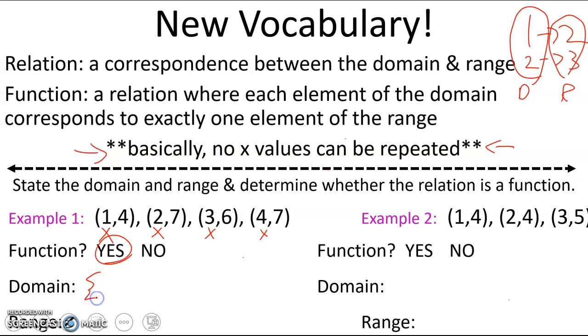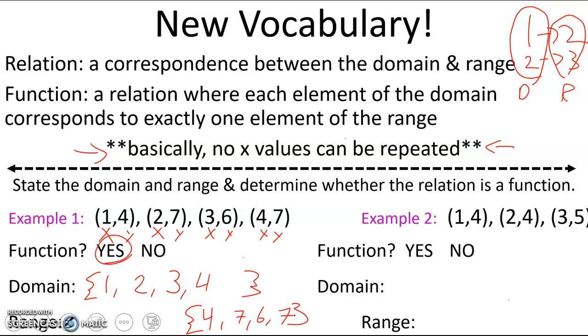Now for the domain, if it's all my possible x values, I'm just literally going to list out all my x values. So it's going to be 1, 2, 3, and 4. For the range, it's all my possible y values. Again, list out your y values: 4, 7, 6, and 7.